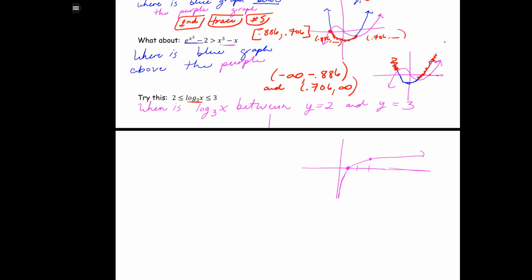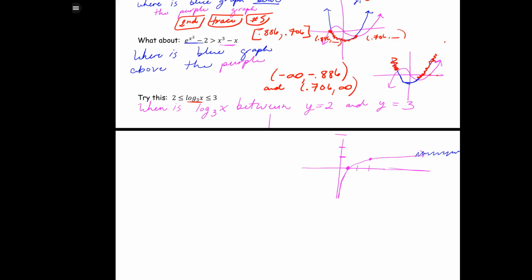So we will need to adjust our window because I'm looking for where this graph is between the y values of 2 and 3. So it's going to be somewhere way over here.